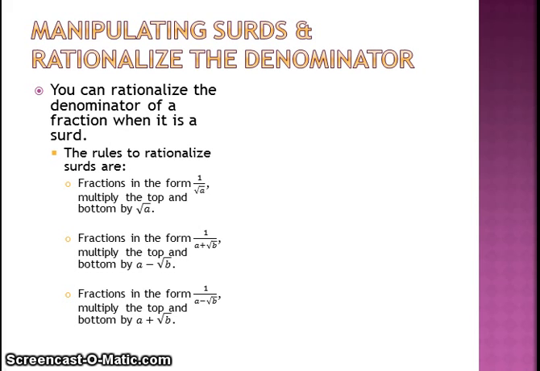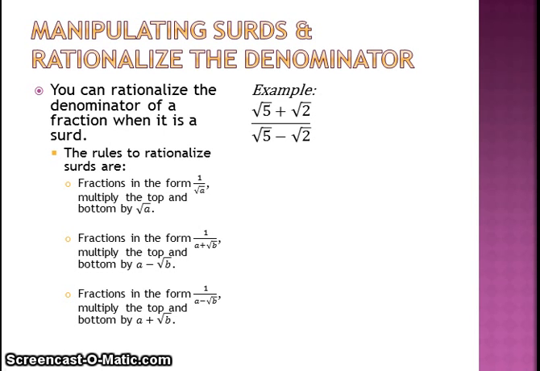Let me show you an example. We would like to simplify square root 5 plus square root 2 over square root 5 minus square root 2. All you need to do is just observe the denominator. You'll observe that it is square root 5 minus square root 2.